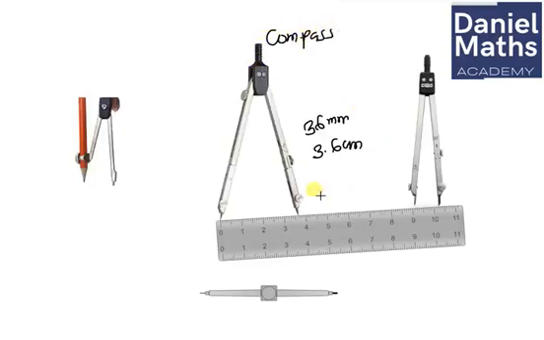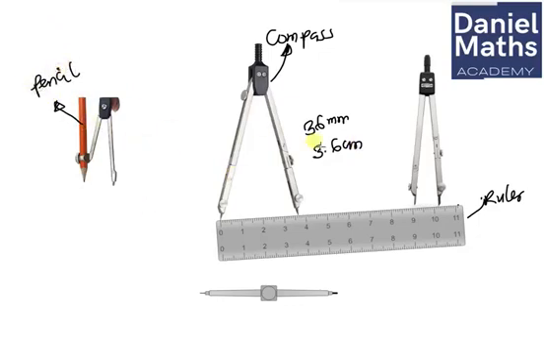This is your compass, and this is your ruler. And then you need your divider. Probably you need a pencil. So this is your pencil.